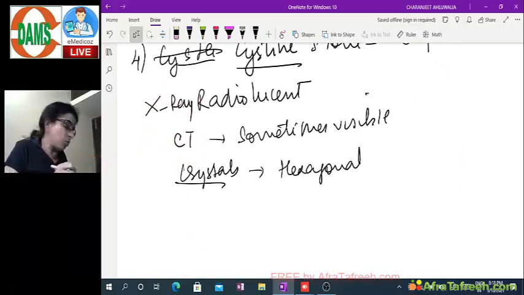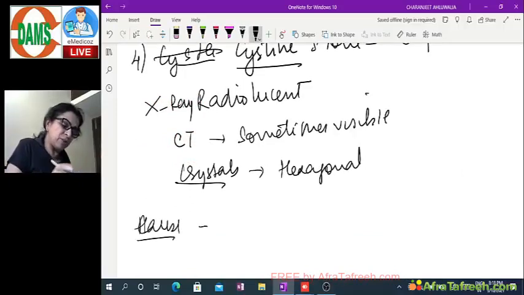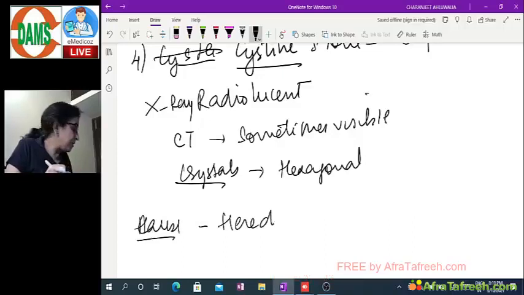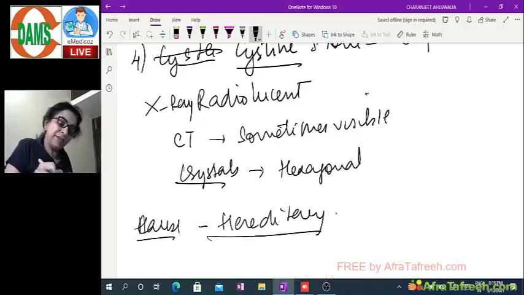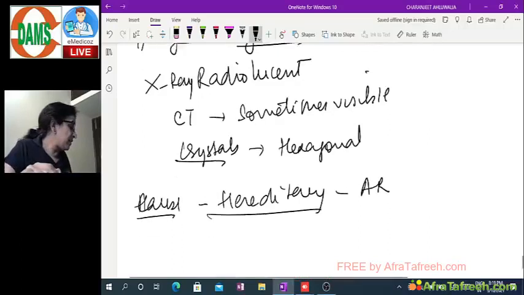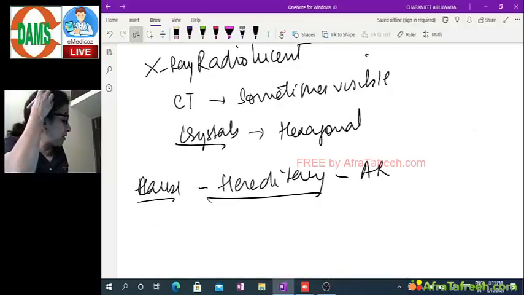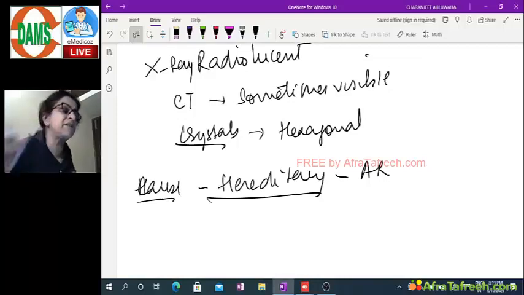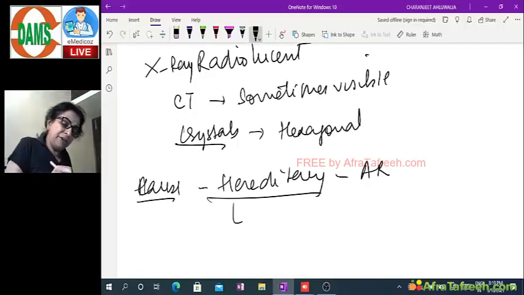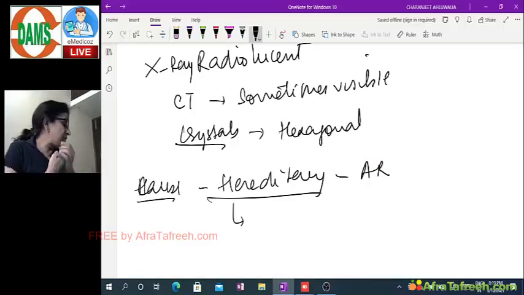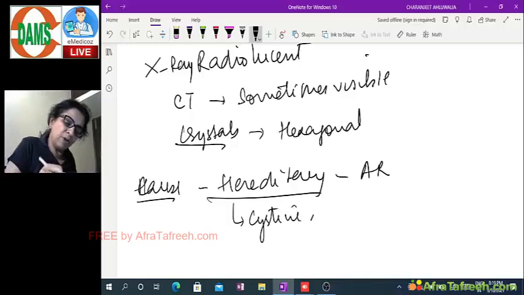और cystine stones के cause क्या हैं? Hereditary. So the cause of formation of cystine stones can be hereditary. It is an autosomal recessive condition in which the cystine reabsorbing PCT transporter loses its function, you know, cystine is reabsorbed in the proximal convoluted tubules.